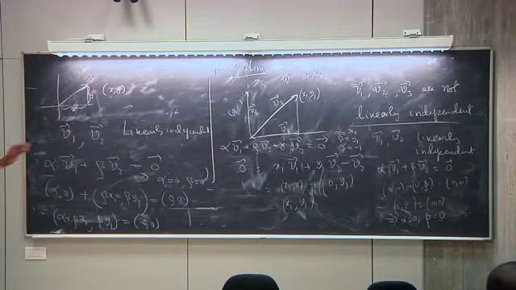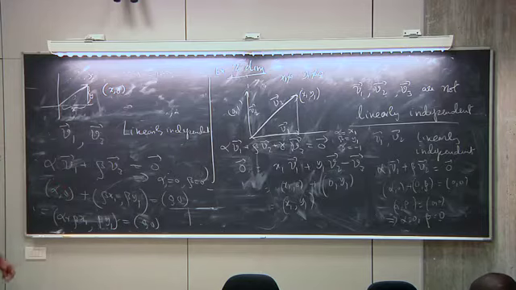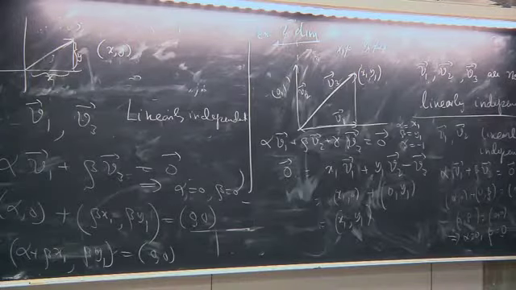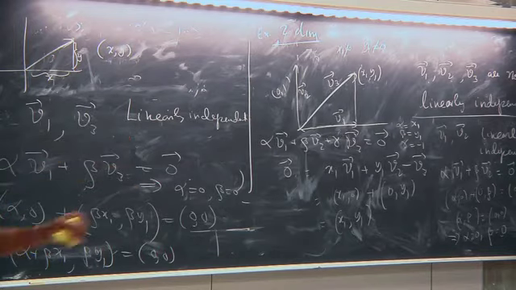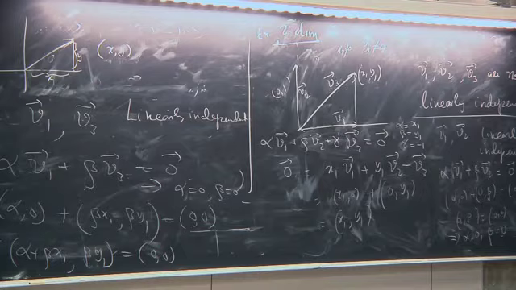You can actually try and verify that the moment you have more than 2 vectors, that set will always be linearly dependent. In this example, in the two-dimensional plane, if you consider a set of more than 2 vectors, here it was 3 vectors, and if you take 4 or 5 vectors, whatever, that set will always be linearly dependent.